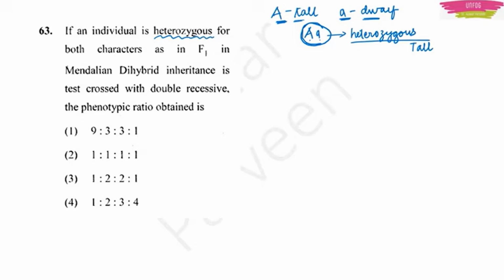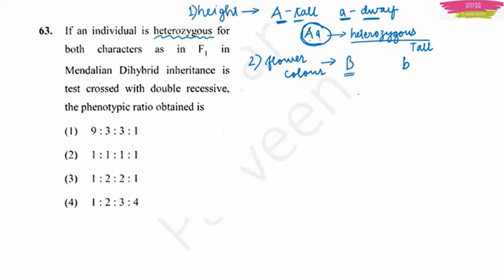Now he is saying for both characters, which means height is not the only character. There is some other character also present. It could be any character, but for our understanding we are taking simple ones. First character we took into consideration is height. Now we'll take another character, for example flower color, the second character, which we'll represent with capital B and small b.